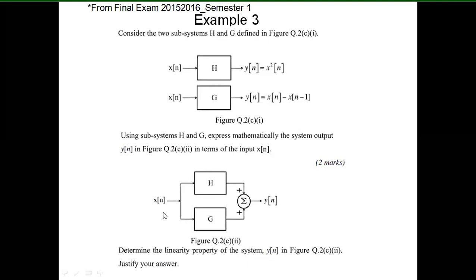We have the input xn, and yn is just a summation of the responses of h and g. So yn basically is x squared n plus xn minus xn minus 1, same as in the previous examples. Let's proceed with testing the system's linearity and have a look at the solution for this problem.